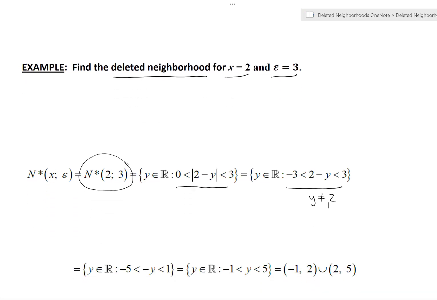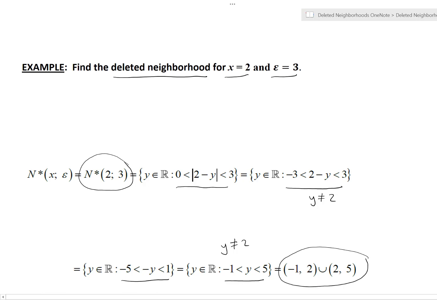Which is the same thing as saying, okay, subtract the 2 everywhere on all the sides. We get negative y should be between negative 5 and positive 1, and therefore positive y is between negative 1 and 5, but y cannot be 2 anywhere here. So, therefore, we get the interval negative 1 to 2 union 2 to 5.